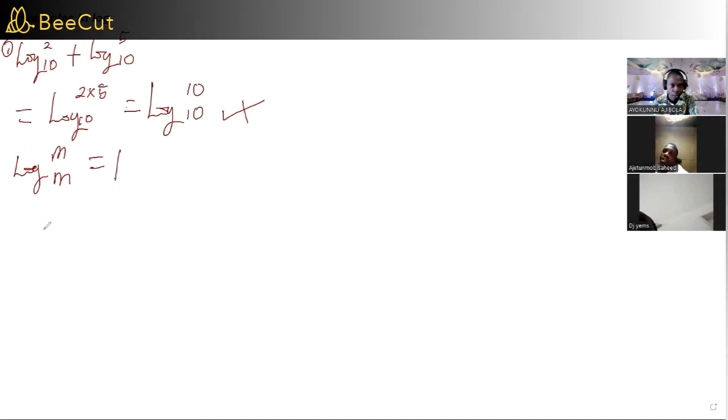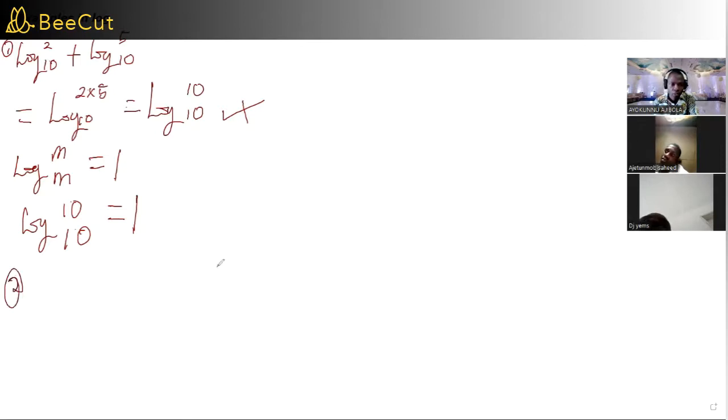So I can now say log 10 base 10. What is my answer now? Just 1. So whenever you have a log and the base being the same, you have 1 as your answer.